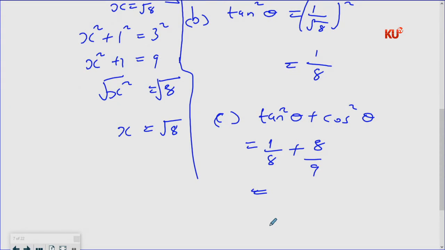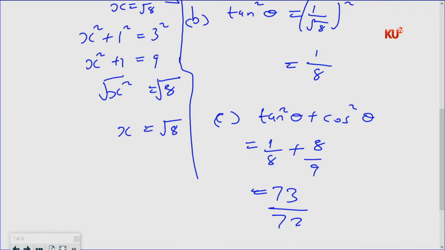My answer here is, I'm waiting for my good student here to get me the answer. So I'll get 73 over 72. And that is my answer for this particular question.